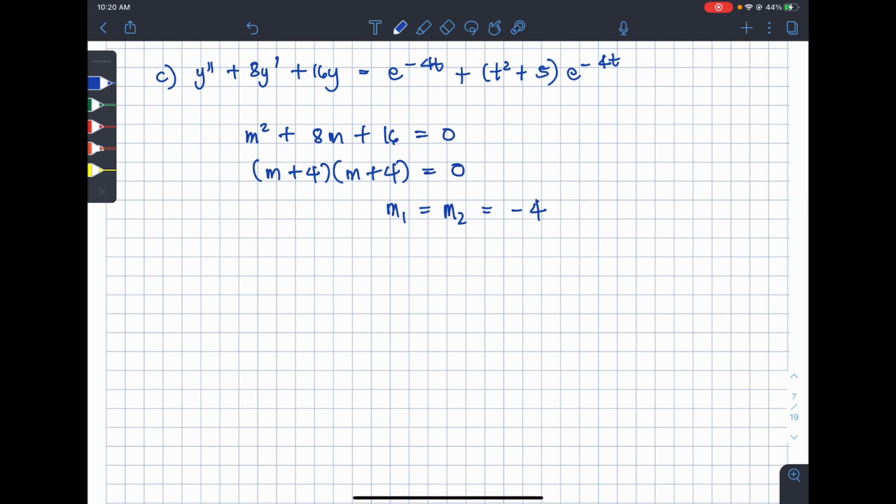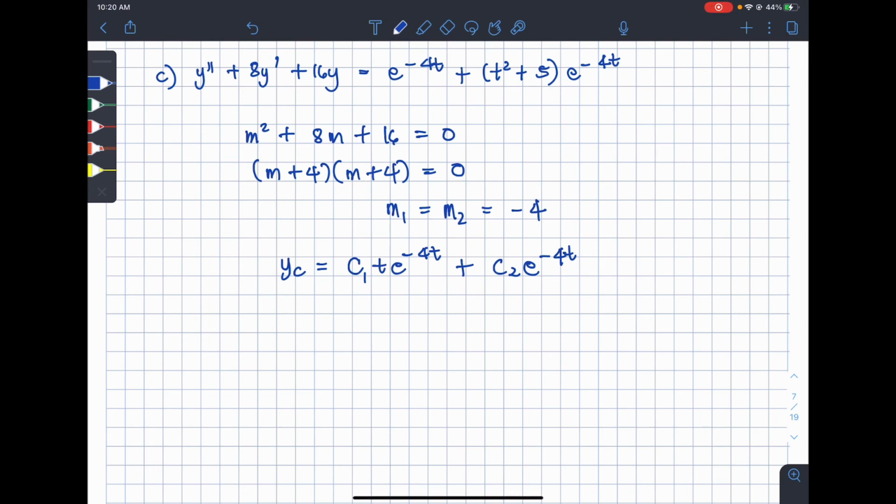So from here, our y of c will become, as I mentioned, as long as the terms are the same, we just multiply one of them by t. In this case, this would be c1 t e raised to negative 4t plus c2 e raised to negative 4t.